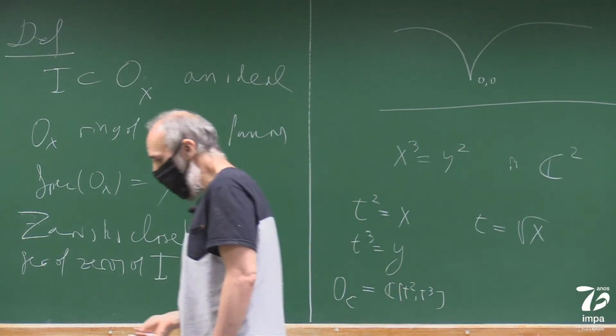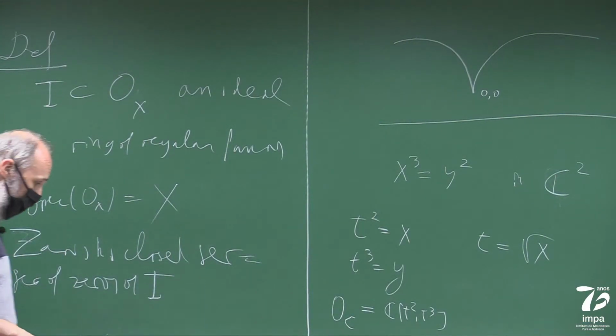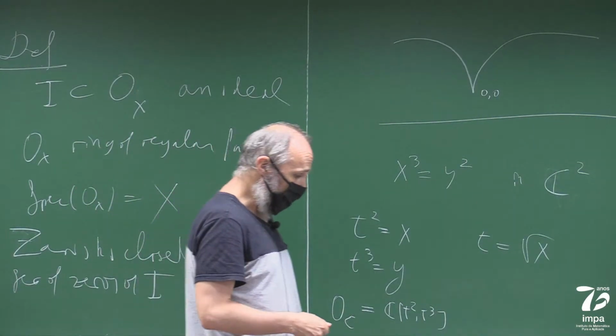It's clear that an infinite intersection of this kind of sets is again Zariski closed.